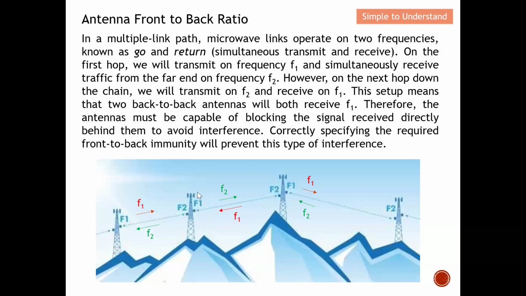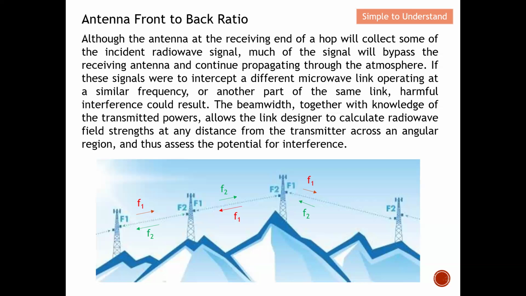As for the antenna on the right, you can see from here, it only wants to receive this signal and does not want to receive this signal. So I need a strong front-to-back ratio in order to cancel away this signal and fully concentrate on receiving from this direction. This is why we need to define these parameters of the antenna, which is called the front-to-back ratio.